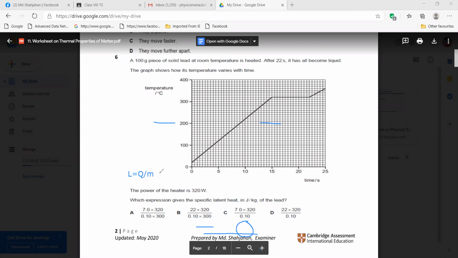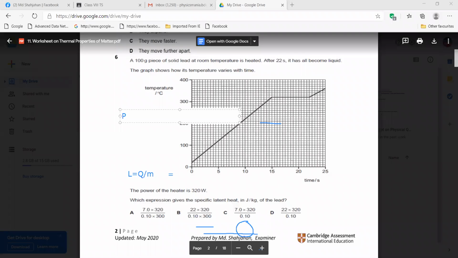Now here is the formula we got: L equals Q by M. Q means thermal energy, which we can also find separately. Thermal energy is related to energy and work done.